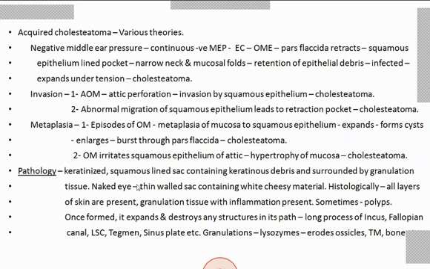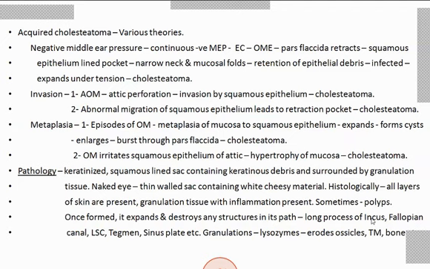The naked eye appearance of the cholesteatoma is thin walls containing white material, and histologically this will contain all the layers of skin, and there is the granulation tissue with the inflammation. Sometimes this granulation tissue will enlarge because it forms polyps. So once formed, the cholesteatoma expands and destroys any structures.